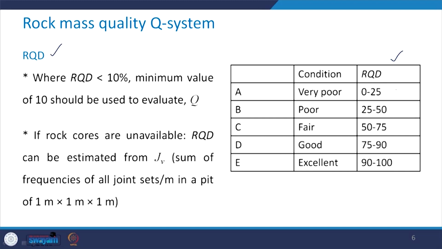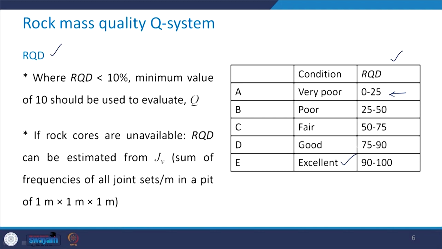So, you can see here that if RQD is varying between 0 to 25, the condition of the rock mass is called very poor, and if it is varying between 90 to 100, the rock mass condition is considered to be excellent, and somewhere in between you have poor, fair and good quality of rock mass.